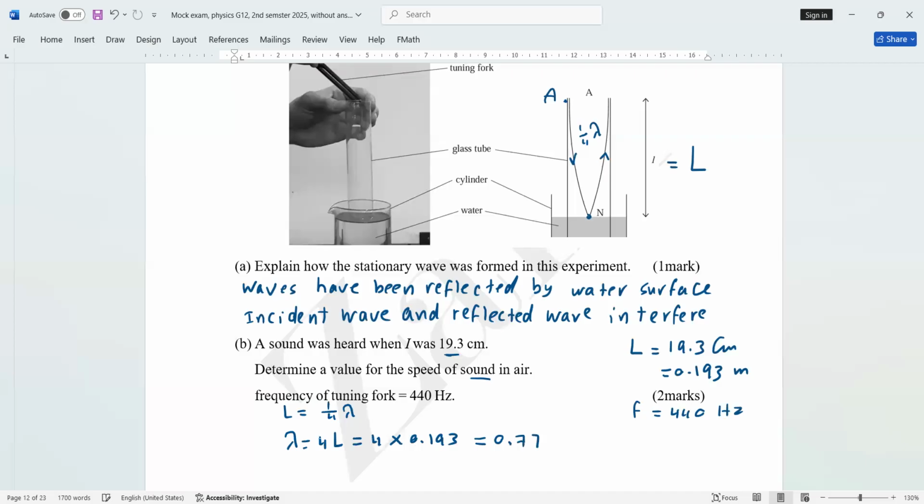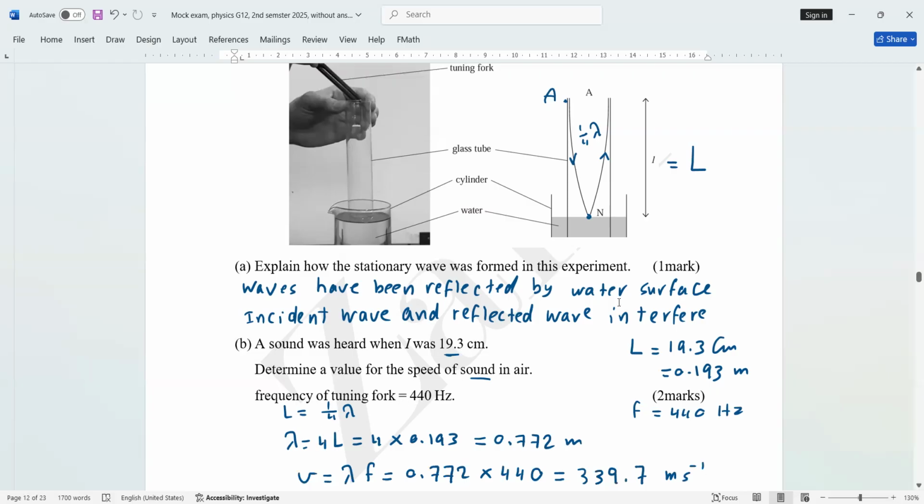Now we can calculate V from the formula V equals lambda multiply F. Lambda is 0.772 multiply the frequency 440. The answer is 339.7, and the unit is meter per second.